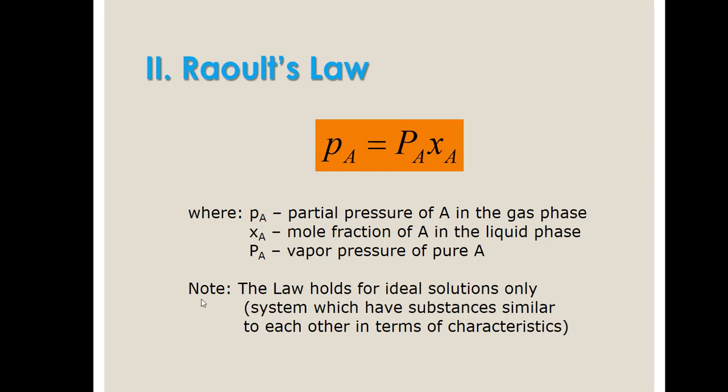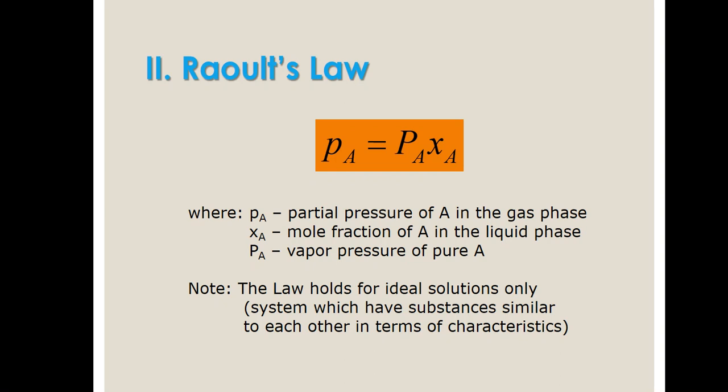Now, there's a note here that Raoult's law is only applicable for ideal solutions. And when do we know that solutions are said to be ideal? We say a solution is ideal if the behavior of the components or their characteristics are more or less the same. If the problem does not specify it, we are not to assume that our system is ideal.